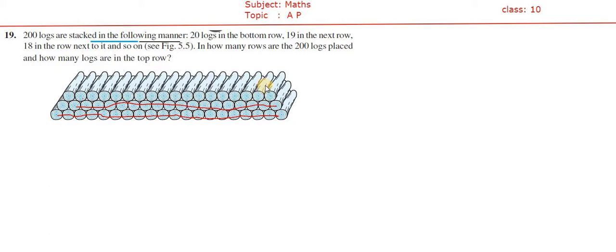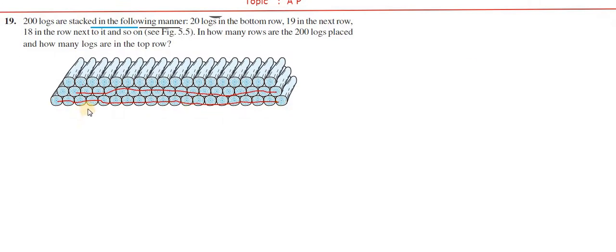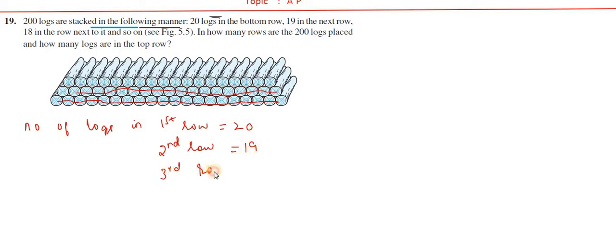What is the number of logs in the first row? Write that. Number of logs in the first row is equal to 20, and the second row is equal to 19, and the third row is equal to 18.